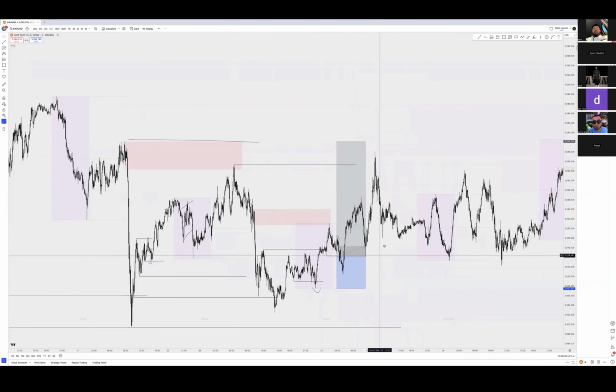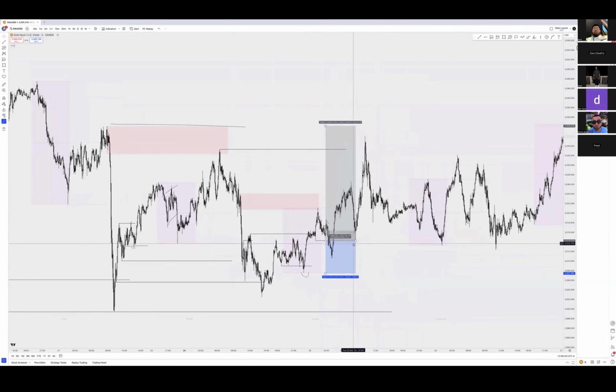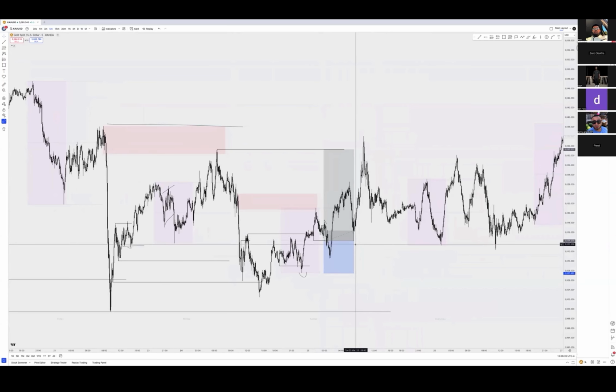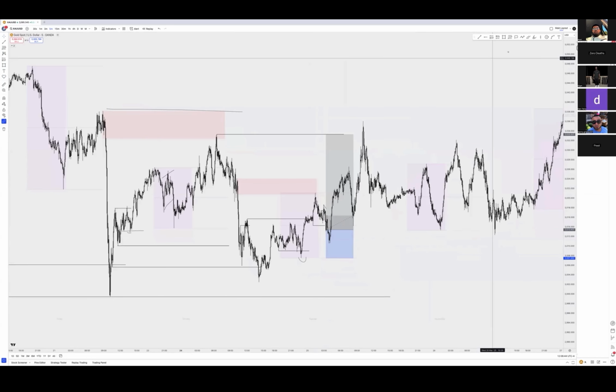Honestly, there's a couple ways you can enter. If RR doesn't make sense, like let's say you're like, okay, I want to target here. If the RR does not make sense, right? Then you can just enter it lower. And you also got this as well, right? You got the liquidity block below.